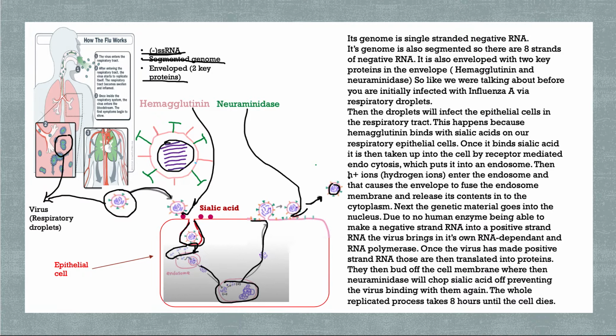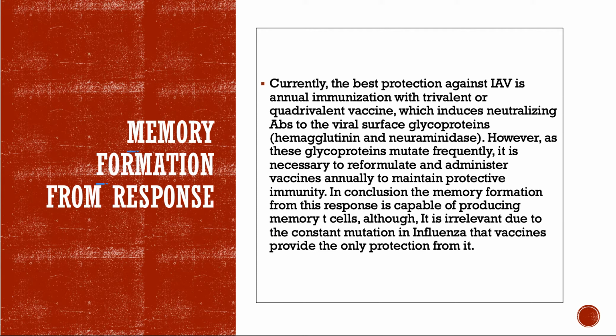So as you can see here, this is the virus, and that is the process and the immune response to Influenza A. So a few things we can see here in this diagram. The virus enters the respiratory tract. So pretty much this is the whole thing, and this is how it's fought off. How the immune response reacts. So memory formation from response.